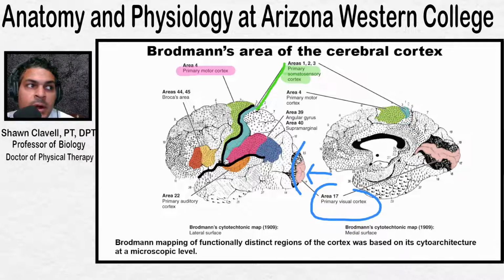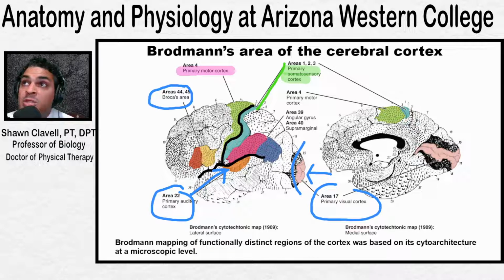The primary auditory cortex, located in the temporal region of the brain. And then a couple of other structures we'll talk about as well. We'll talk about Broca's area and Wernicke's area on a separate slide, but related to speech production, and speech interpretation.